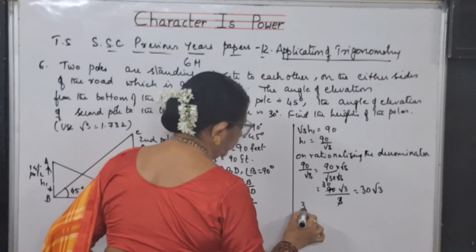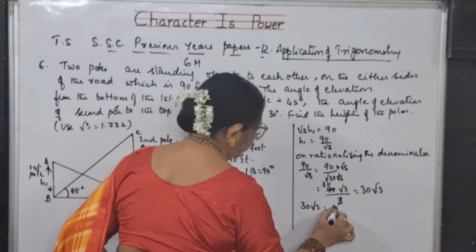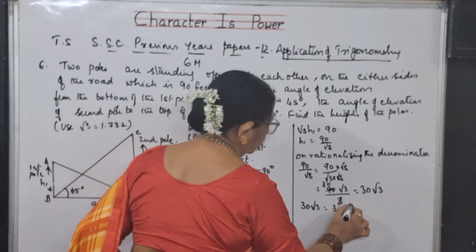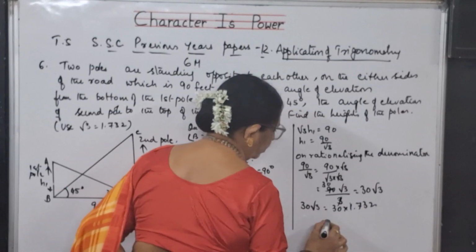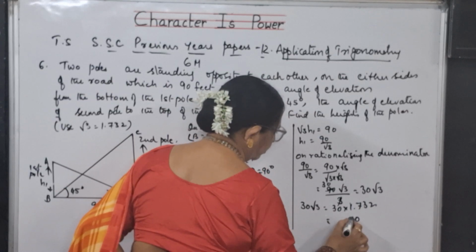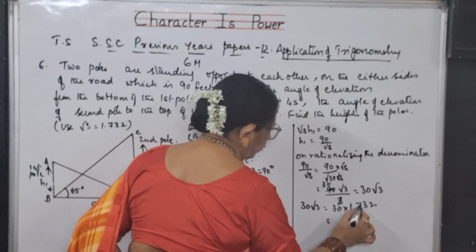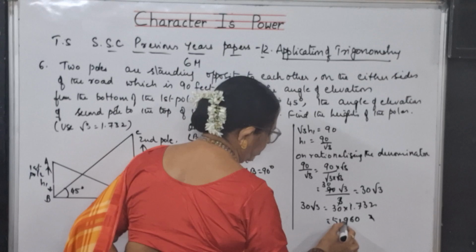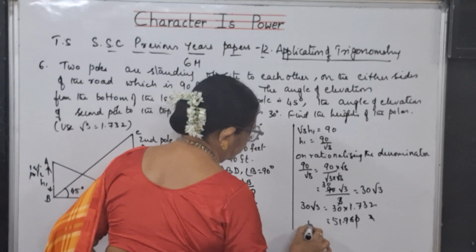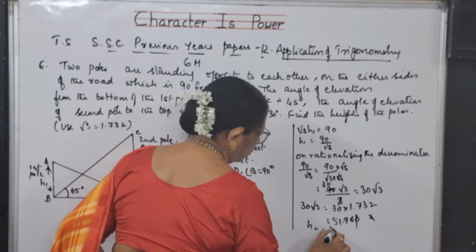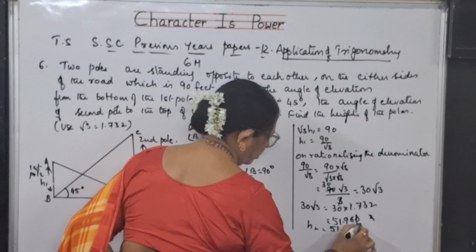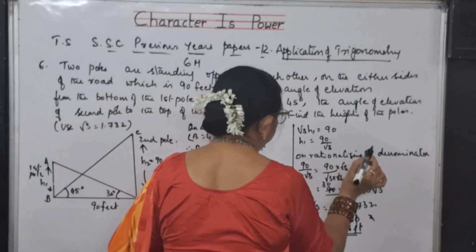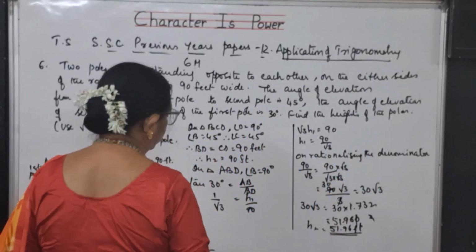Now in the problem they have asked to take root 3 as 1.732. So 30 into 1.732 is 51.96. H1 is equal to 51.96 feet. So this is one answer.